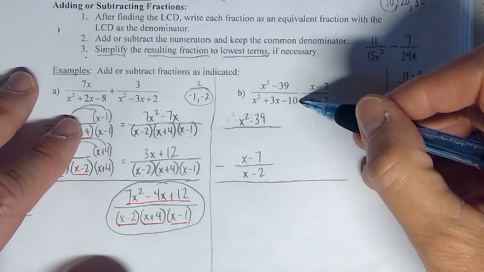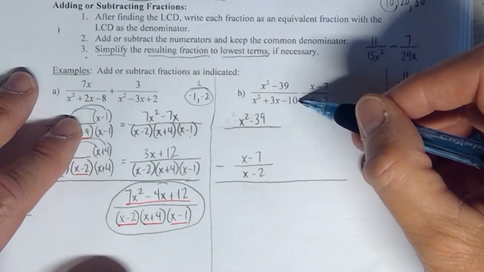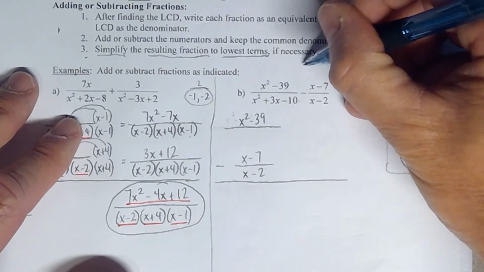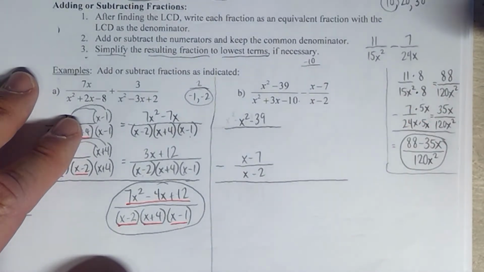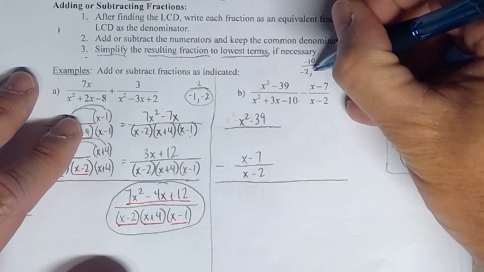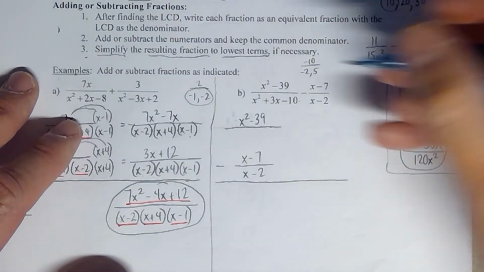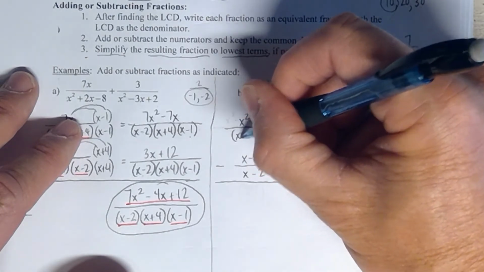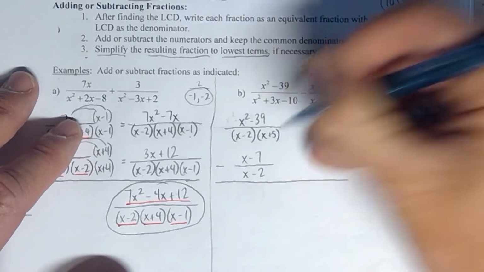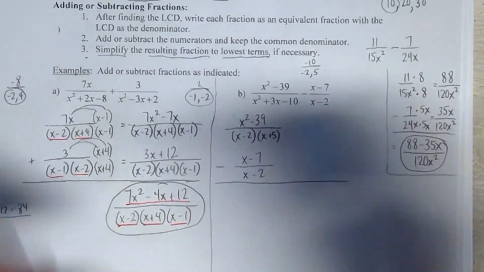So again, x squared plus 3x minus 10, that looks like a Berry method problem. Negative 10. What adds up to 3 out of negative 10? That would be negative 2 and 5, wouldn't it? So that would be x minus 2 and x plus 5 on the Berry method.